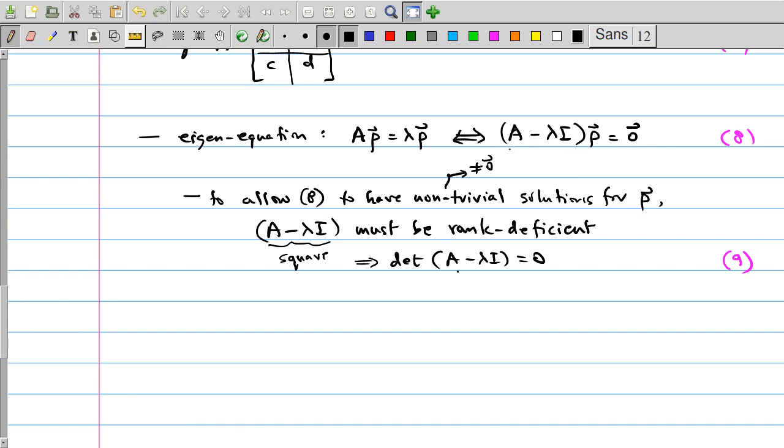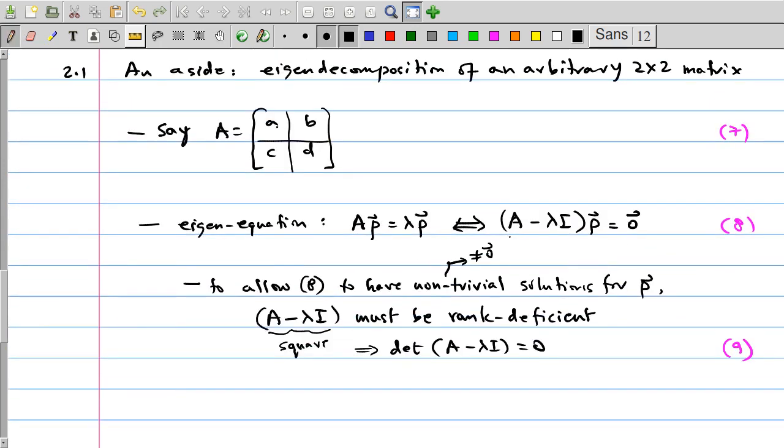Then you'll find that this is basically 2 equations: A minus lambda I times p1 p2 equals 0. Because lambda is specifically chosen to make this matrix singular, the 2 rows are linearly dependent, which means that the second row is just the first row multiplied by some constant.